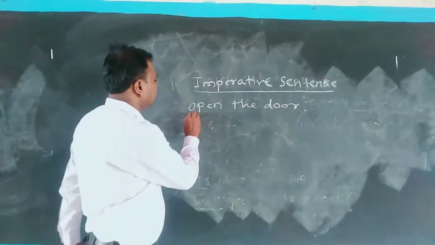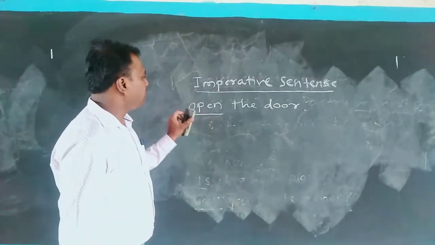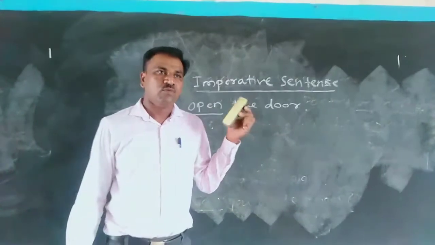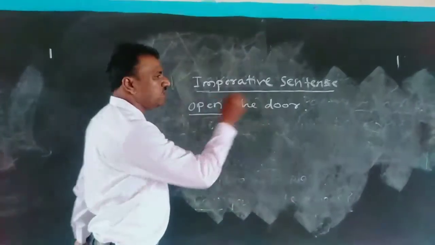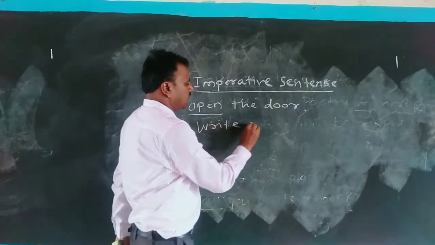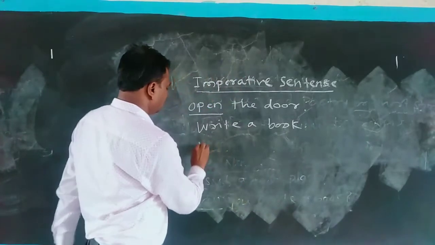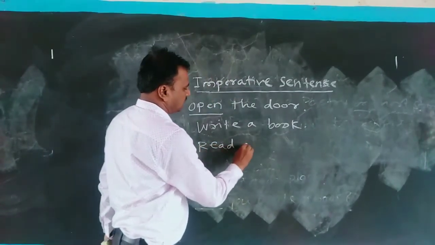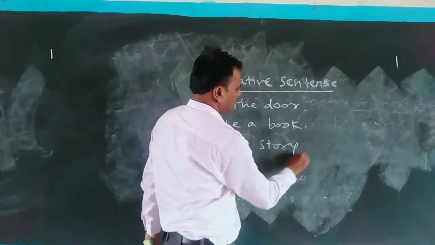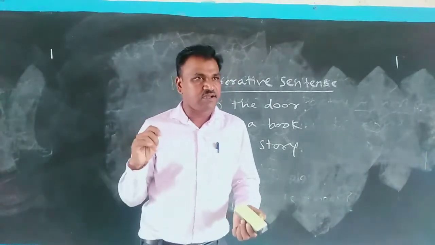Open is a verb, and this is the main verb. Imperative sentences begin with a main verb. So: open the door, write a book, read a story, go to market, sit down, come here, go there.